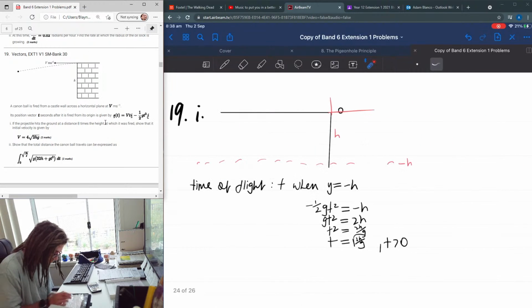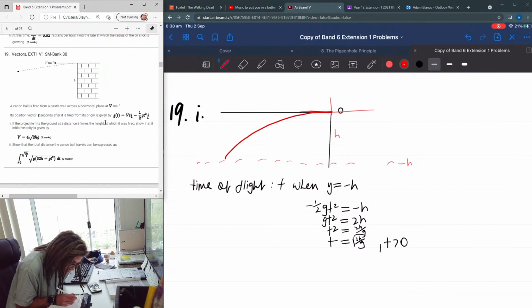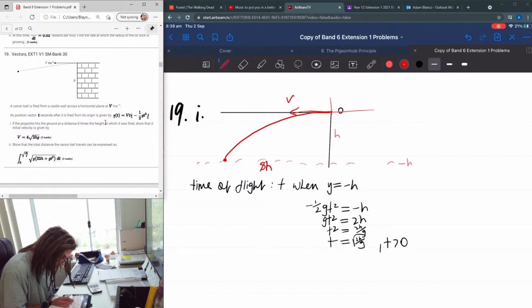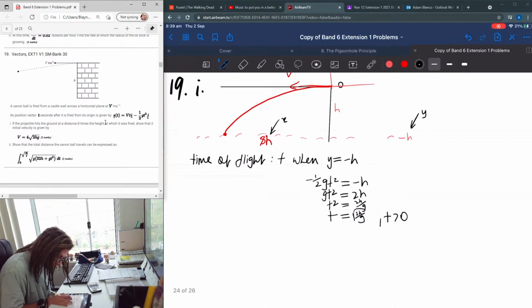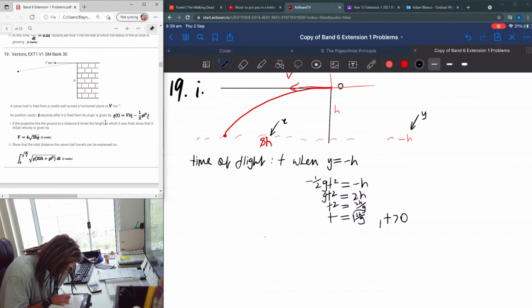So going back to the picture, you imagine it's like this. That's my velocity. It hits the ground at 8h, so 8 times the height. So that means x equals that. So that was y, that is x. So we're looking for v when x equals 8h.